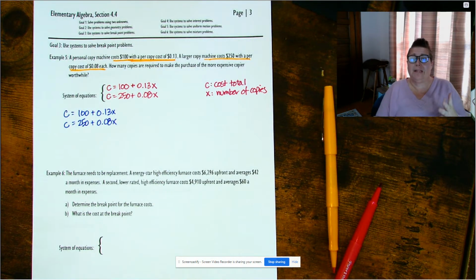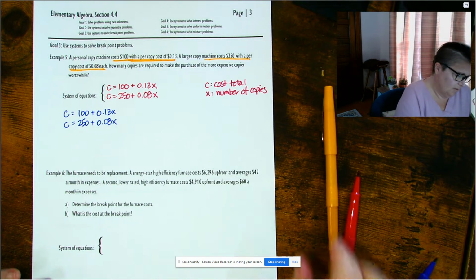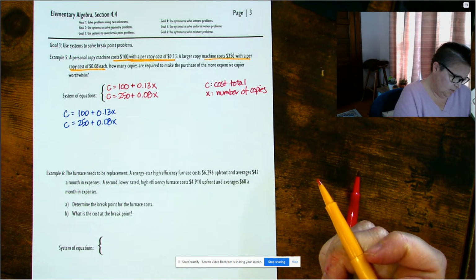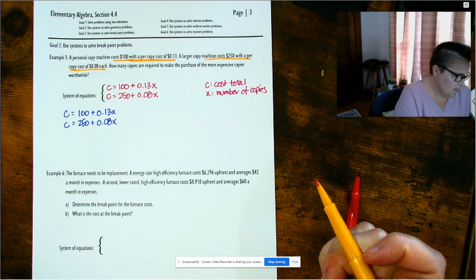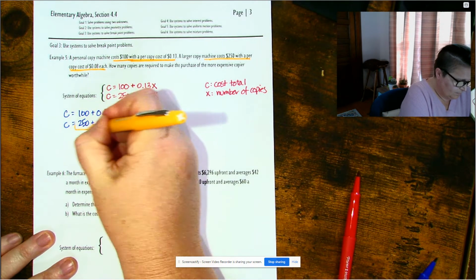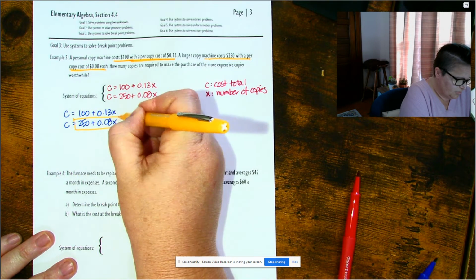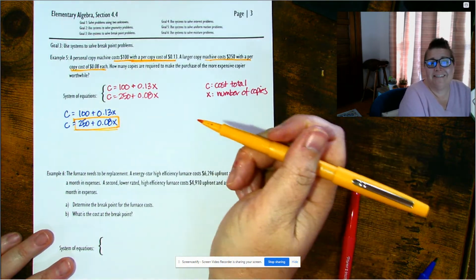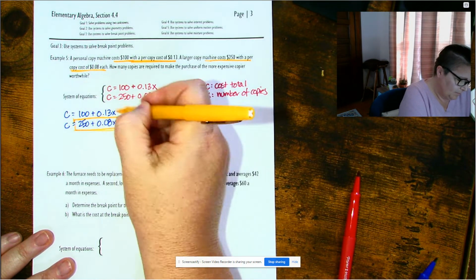Now, do we want to use elimination or do we want to use substitution here? Either is fine. Both have solved for C. As a matter of fact, I could even use graphing since it's technically solved for. I think I'm going to use substitution. A lot of substitutions in a row is not unusual with word problems.